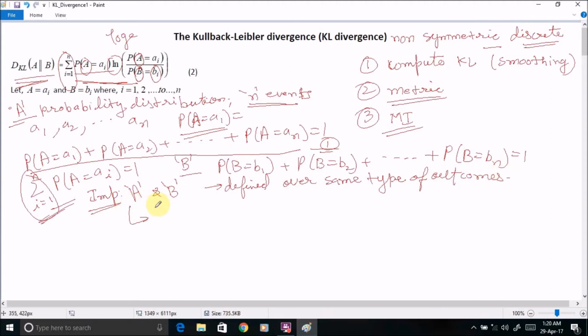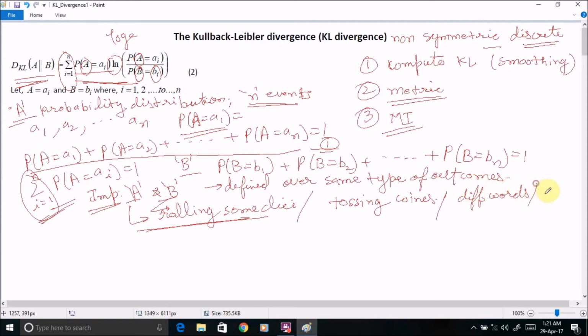For example, if we define the probability distribution A by collecting the events through rolling some dice, then B should also come through the same kind of events, or we can collect both through some other events like tossing a coin, or in case of text mining it may be like identifying the occurrences of different words or sequences from a given fixed vocabulary.